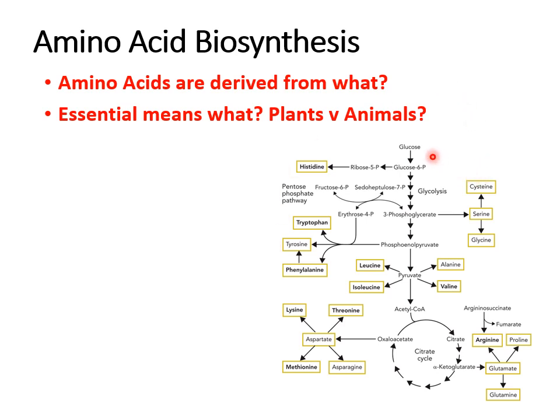So you have glycolysis, you have the pentose phosphate pathway over here, and you have the citrate cycle. Okay, so 7 metabolic intermediates in 3 of these metabolic processes, glycolysis, the pentose phosphate pathway, and citrate cycle, end up being critical for amino acid biosynthesis.